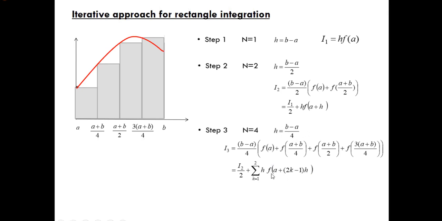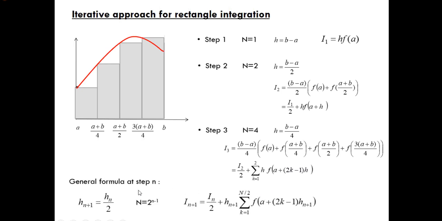And for k equals 2, you get 3h here, this thing, A plus 3h, where h is (B minus A) over 4. So this now becomes the general formula for any step n.